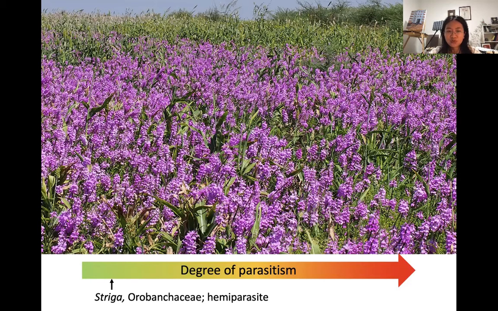They can do photosynthesis. When we place it on this spectrum of the degree of parasitism, we would like to place it on the left-hand side because it represents a lower level of parasitism. That is because it can conduct its own photosynthesis, so it's not as reliant on the host as other plants.